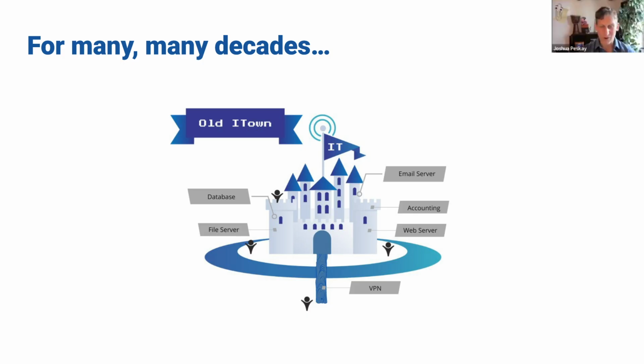And so in the old days, this idea of logging in from outside didn't exist. Everything was inside the castle. If I wanted to check my email, go onto the web server, go onto accounting, check a file server, it was all in the castle. Then, a combination of things, but people started working from home and wanted to access. And we had this thing called VPN, or virtual private network.